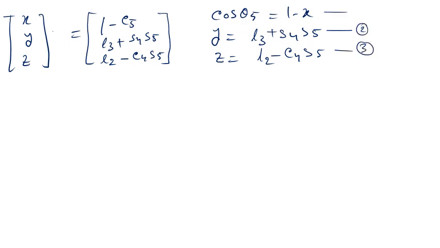From equation 1 you can get the value of theta 5, but in equations 2 and 3 you have how many variables? L3, L2, and theta 4. So basically 3 variables and 2 equations.